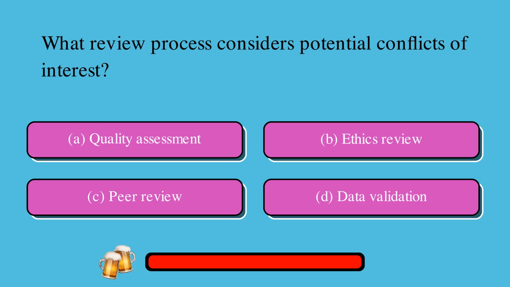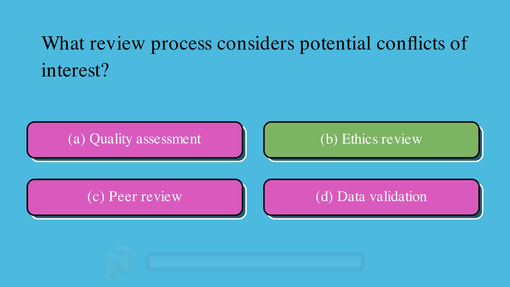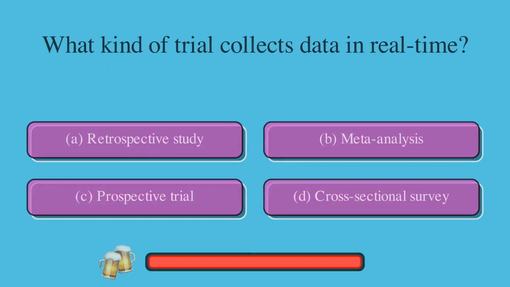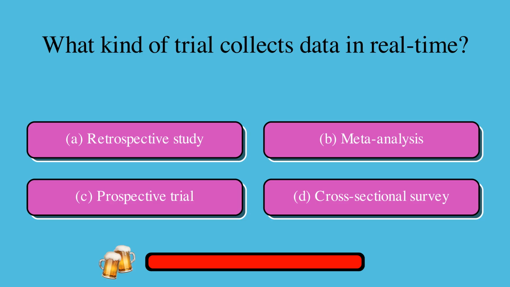What is the title of the study's lead investigator? A. Chief scientist, or B. Principal investigator, or C. Lead researcher, or D. Senior analyst? The correct answer is B, principal investigator. What review process considers potential conflicts of interest? A. Quality assessment, or B. Ethics review, or C. Peer review, or D. Data validation? The correct answer is B, ethics review. What kind of trial collects data in real time?